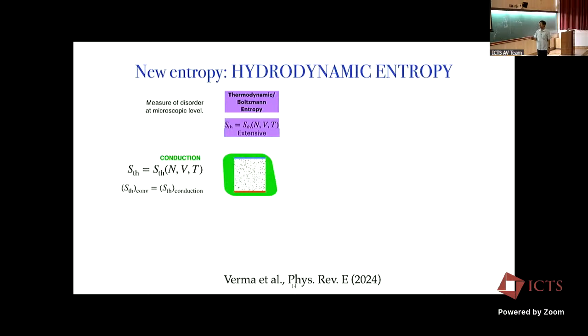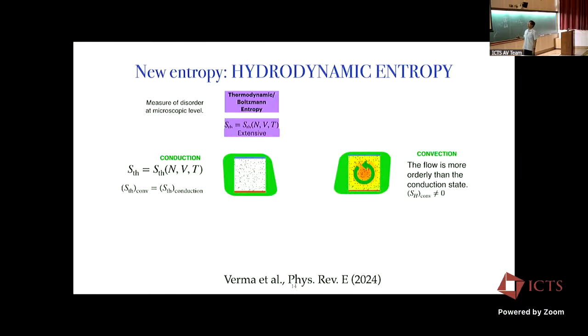I will heat the bottom and cool the top, but this temperature difference is not a lot, so the heat will get transported by conduction. Since T1 and T2, the temperature difference, is not a lot, I can still apply Boltzmann entropy. This is near equilibrium, so somebody may say you can't really apply it, but people do it. So we apply the Boltzmann formula and get an entropy formula, Kb log of Z.